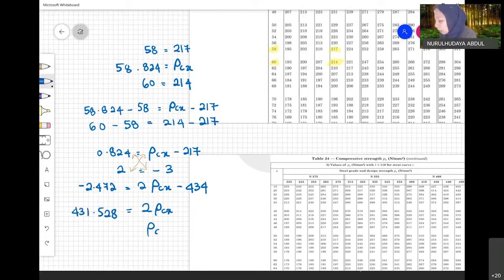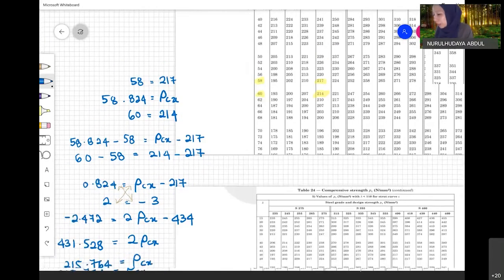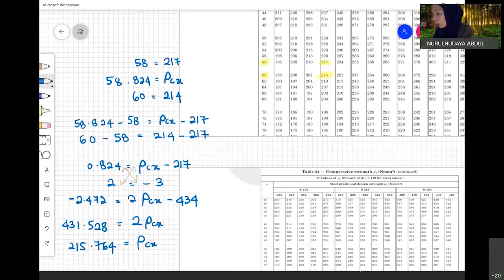Okay, and then PCX, you divide by 2, you will get 215.764. Kita macam boleh agak sebenarnya. Because kalau you tengok dekat table macam ni, number yang you dapat ni mesti in between this 214 dengan 217. Dia dalam range tu. So this is the compressive strength for XX.